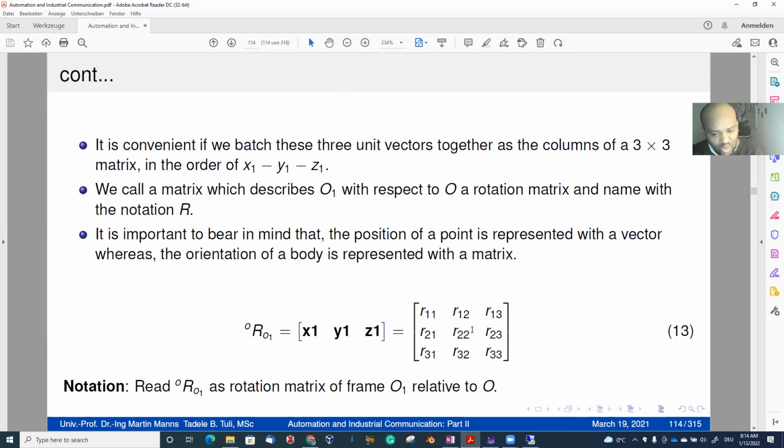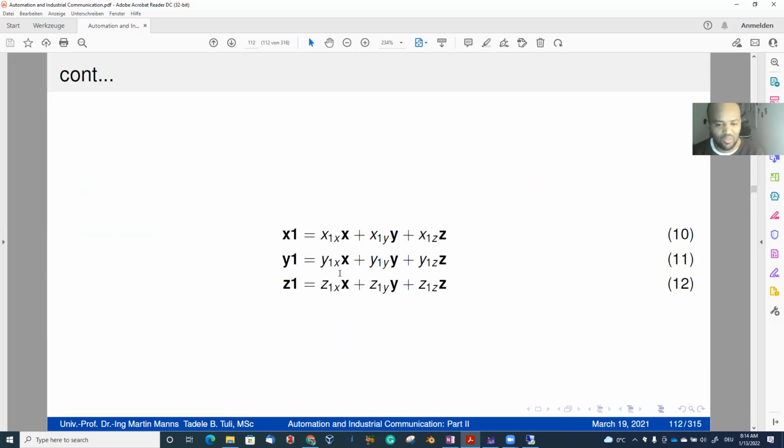And also the rotation could be given by a rotation about X, rotation about Y, and rotation about Z. This is derived based on the previous equation here. X1 is a motion of X along X, a motion of X along Y, a motion of X along Z. Y is a motion of Y along X, a motion of Y along Y, a motion of Y along Z, and so on.